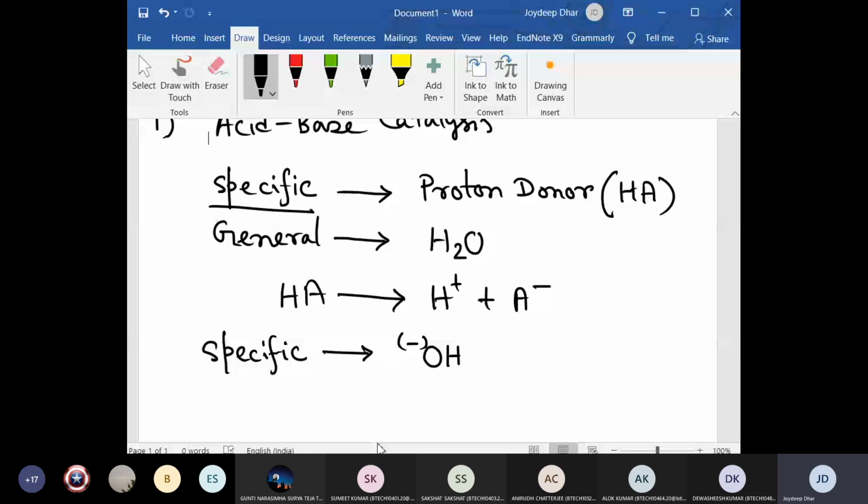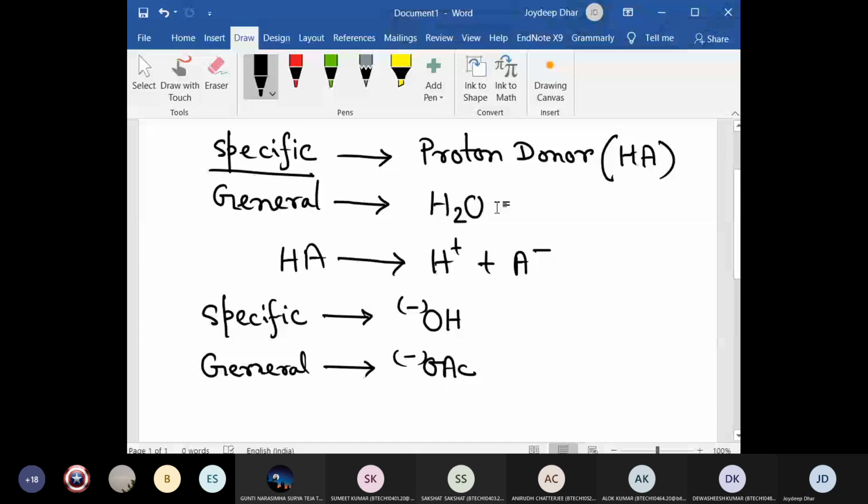And if it is general, then any base can act, just like acetate anion, so any negatively charged species. You have read this in the Lewis concept, Lewis base. If those are present and they catalyze the reaction, then it is general base catalysis.